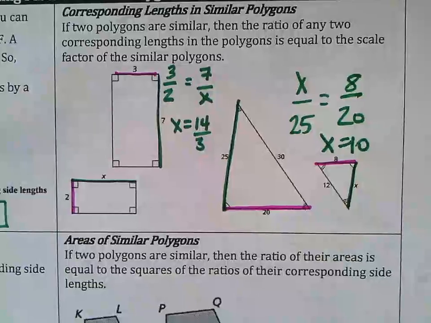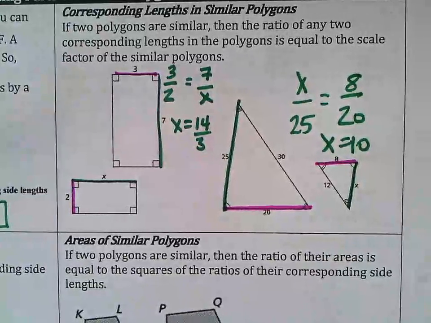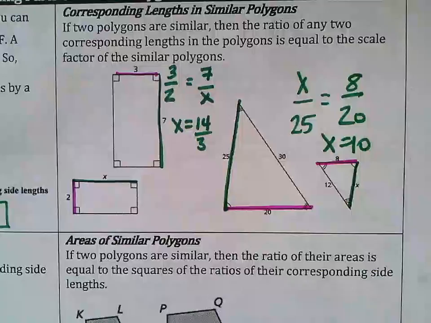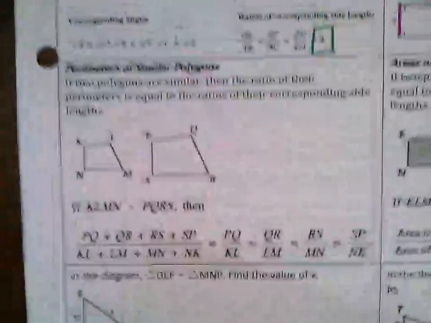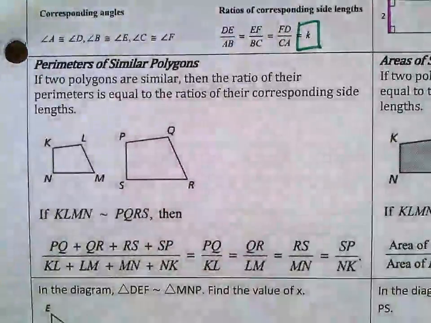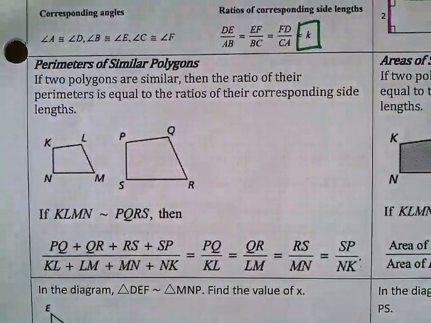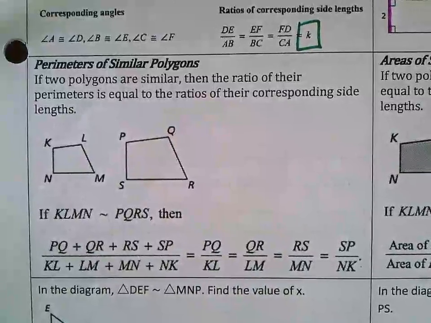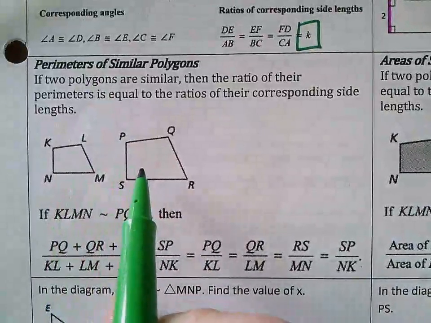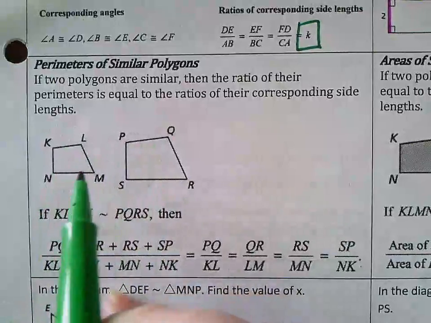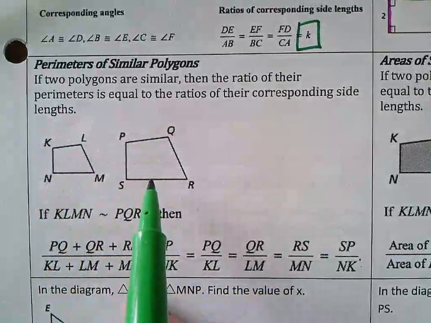Okay, so we did a lot of proportions when we were doing that extra lesson. This is pretty much the same thing. We're just using polygons, not just triangles now. So for the perimeters of similar polygons, their perimeters are in the same ratio as well. If I multiply a side by 2, I get the side 2 times bigger, right?